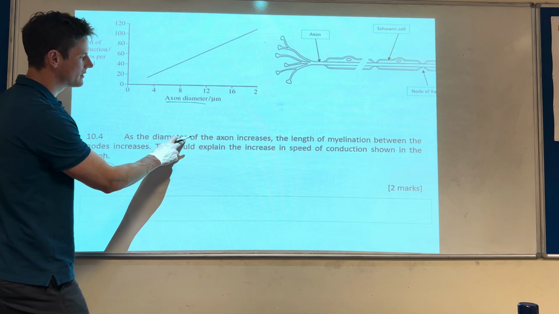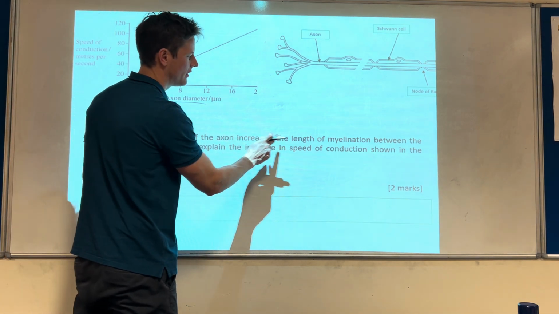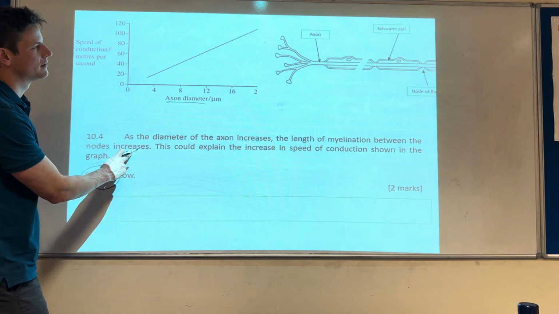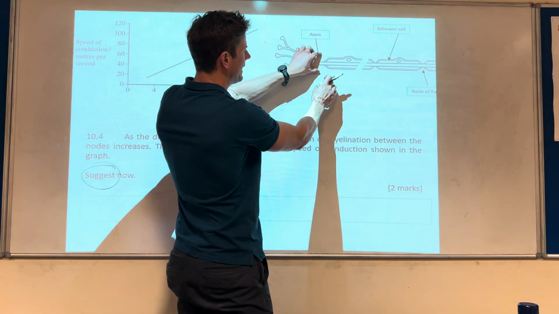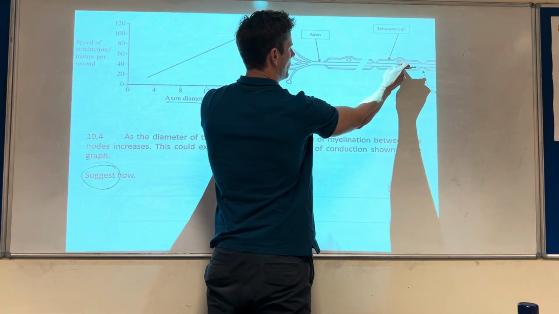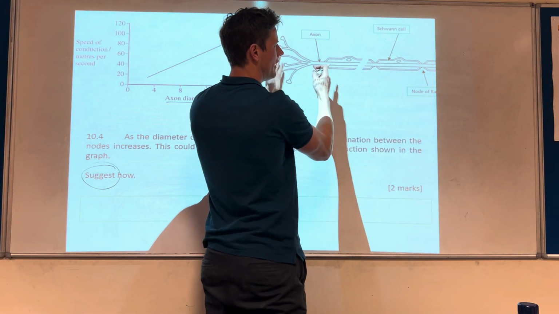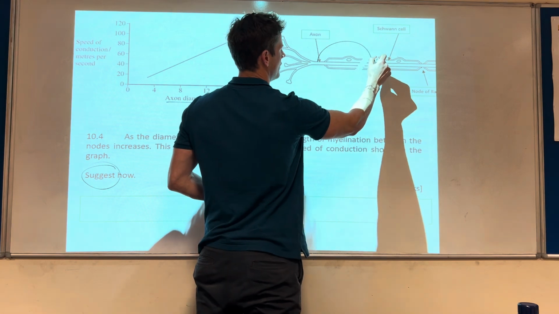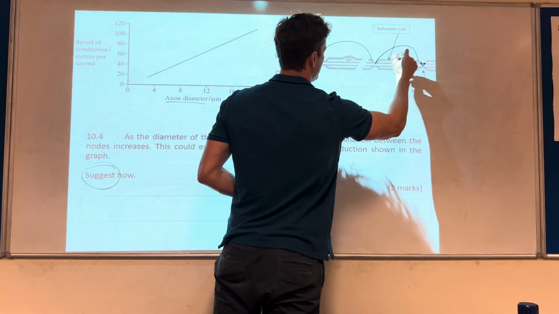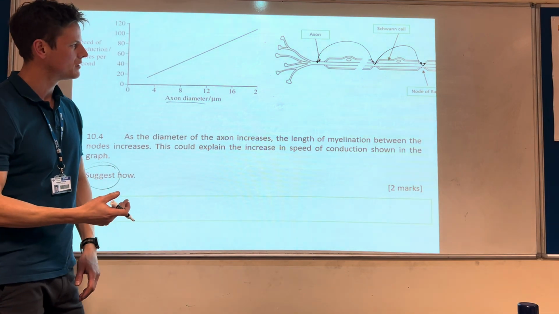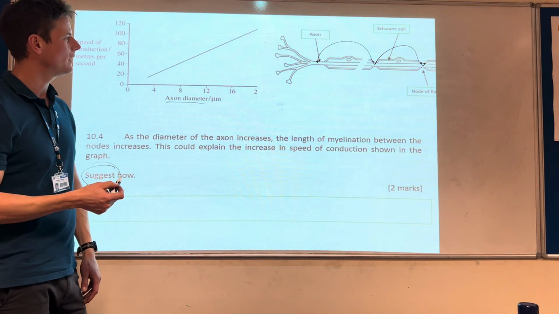As the diameter of the axon increases, the length of myelination between the nodes increases. So bigger diameter, the Schwann cells increase in length, there's more myelination. And therefore, the distance for these jumps from node to node increases. The action potential is produced only at the nodes, or depolarization is only at the nodes.